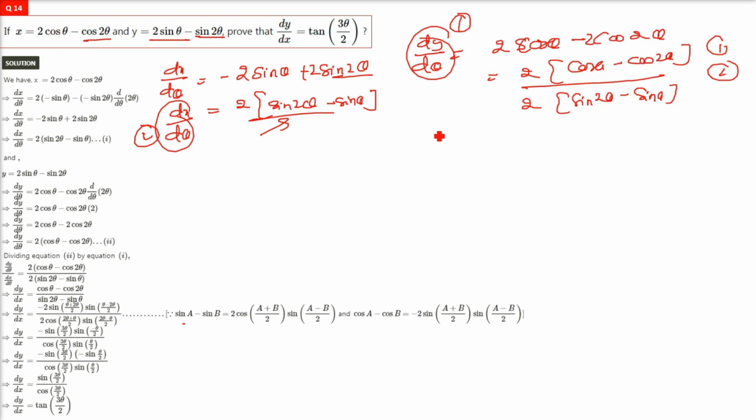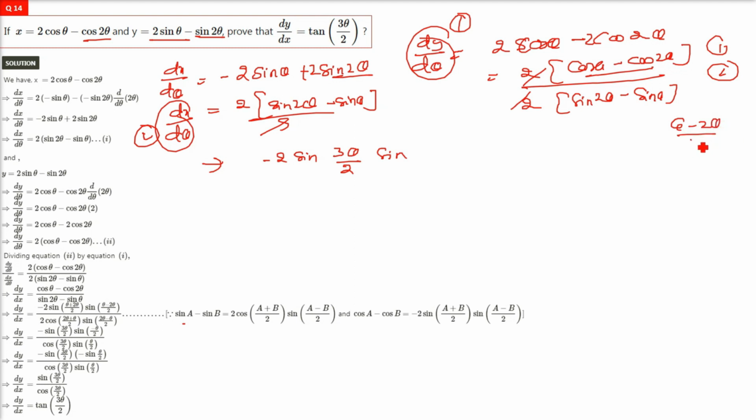So cos A minus cos B is minus 2 sin A plus B by 2 sin A minus B by 2. That we already know. Sin A minus sin B is 2 cos A plus B by 2 sin A minus B by 2. That also we know. And that you have to remember. So minus 2 sin 3 theta by 2. And then here we have sin theta minus 2 theta by 2.